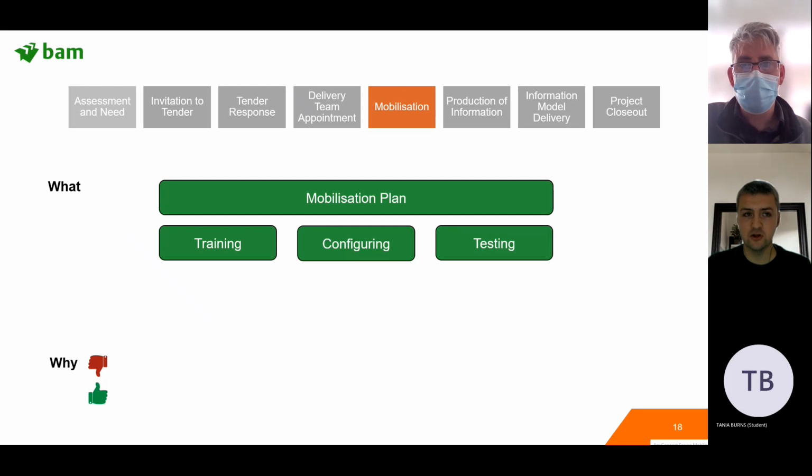Sometimes people have issues uploading their models because their models are too big and the system won't let them upload. It'll just say upload failed. You don't want to have uploads failing at the stage where people need that information straight away. So at the mobilization stage, you're trying to really make sure you're not going to have problems. At a critical stage, you're trying to make sure everything runs smoothly before you even begin the production of information.